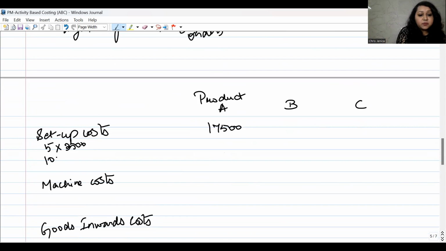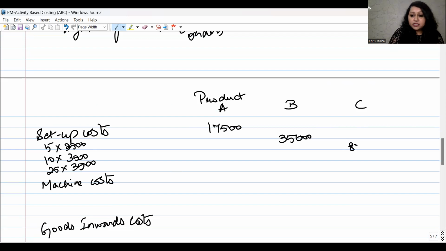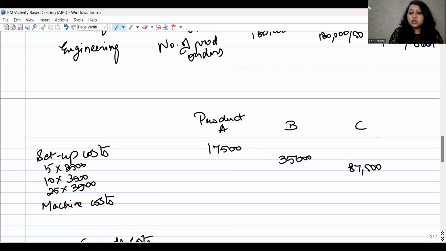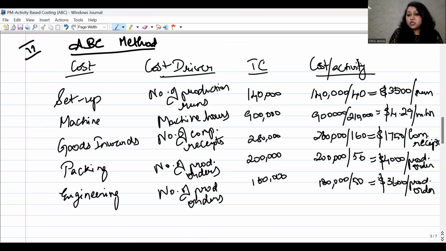Then we had 10 production runs for product B. So 10 into 3,500, you're going to have 35,000 for setup cost for B. Then we had 25 production runs for product C. So this is going to be around 87,500. So these are the setup costs. What is your total setup cost? It was 140,000.